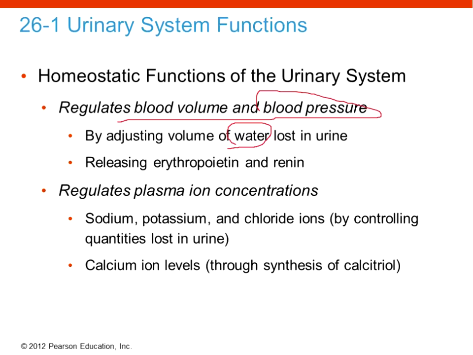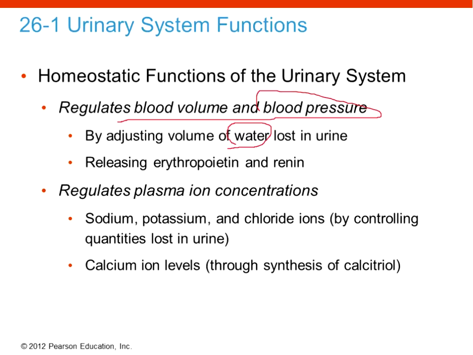Water is a big component of blood, as you remember, so you're going to impact blood volume as well as blood pressure, right? The more fluid you have in your system, the higher the pressure, less fluid, lower the pressure. So the kidneys actually have the ability to adjust the amount of water being lost in the urine to make sure that blood volume and blood pressure are where they need to be.